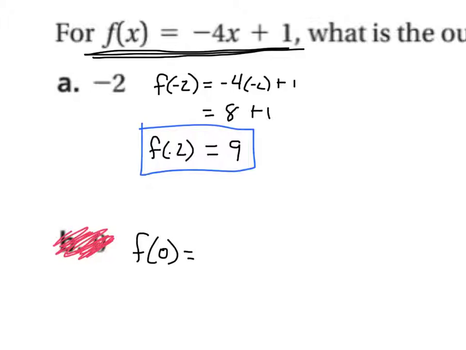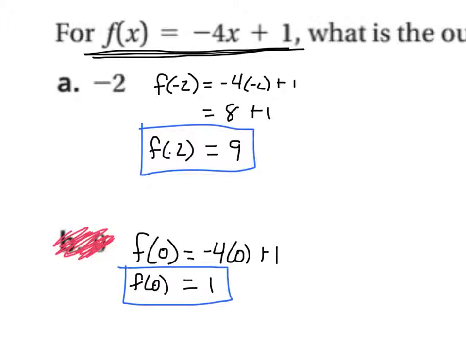Okay, so therefore f of 0 is negative 4 times 0 plus 1. What's negative 4 times 0? 0. What's 0 plus 1? So f of 0 equals 1. Okay? That's all you're doing.